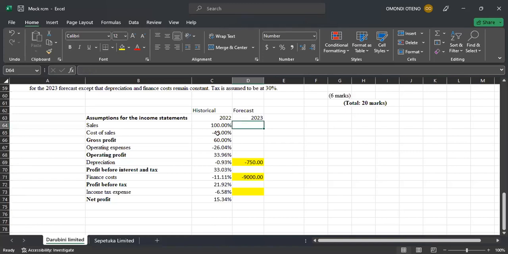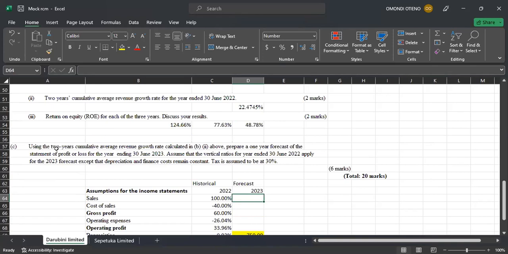We have the ratios of the percentages. These ones here, it is 40% of the sales. It is 60% of the sales, 26.04% of the sales. How are we going to get this missing item? That is the sales for 2023.